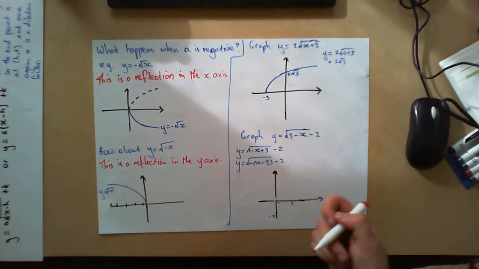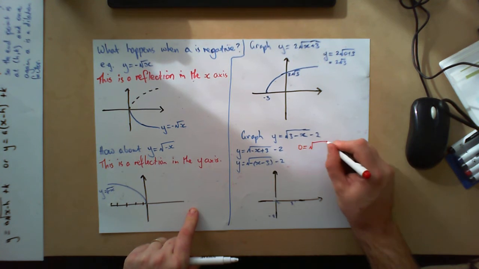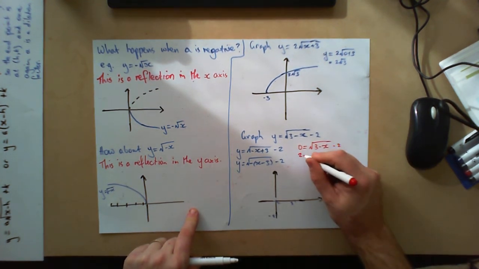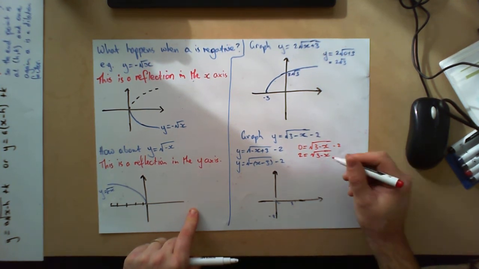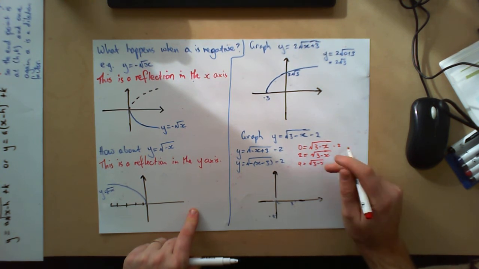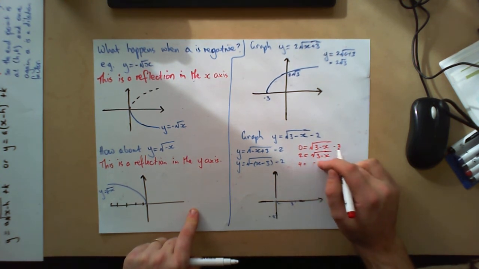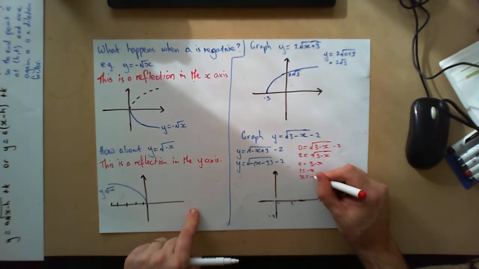Sorry guys. If we go back here and we say that we've got our 0 equals our square root of 3 take x, take 2, add our 2, 3 take x. Square, 4 equals just 3 take x now. Take away our 3, 1 equals negative x, so x equals negative 1.